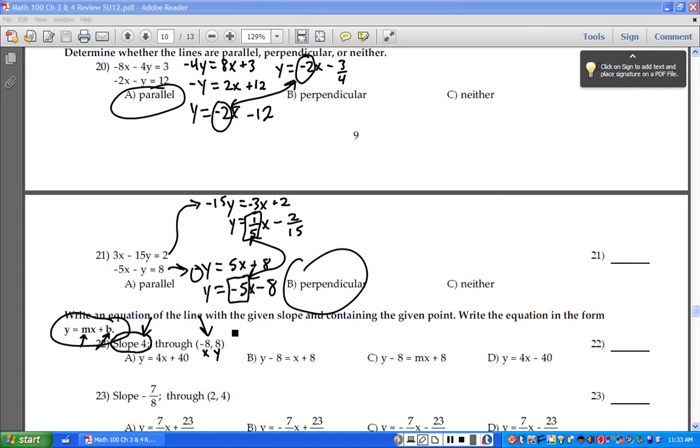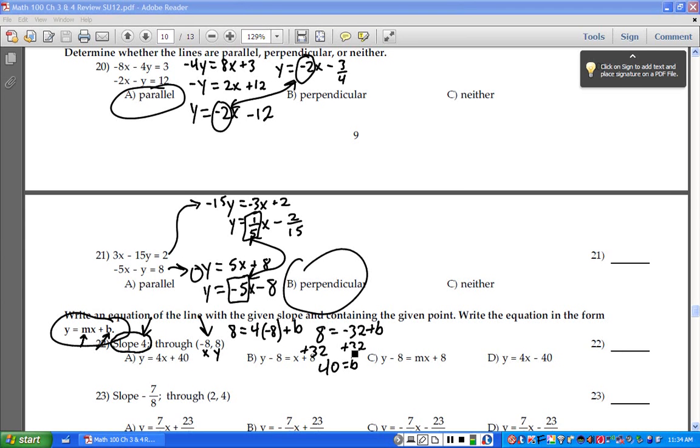So I say y equals m x plus b, that's this form, and I'm trying to find b. So I get 8 equals a negative 32 plus b. Alright, so I add 32 to both sides, and that gives me 40 is b. So it's telling me b is 40.